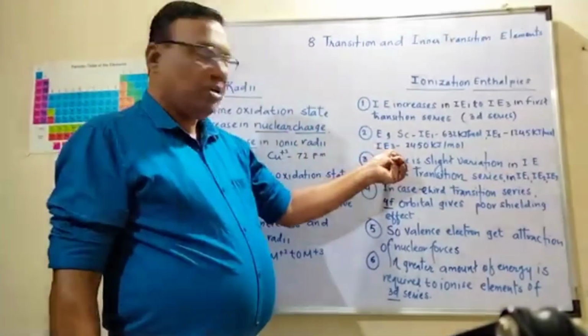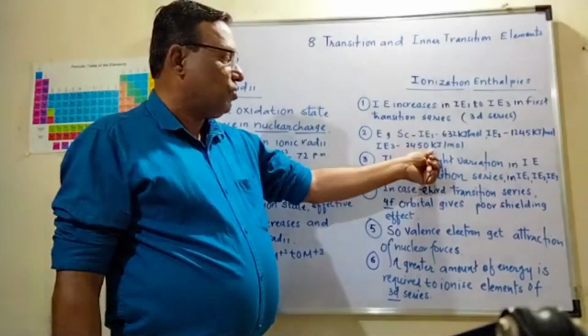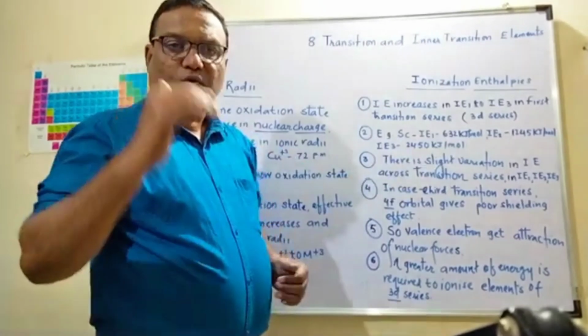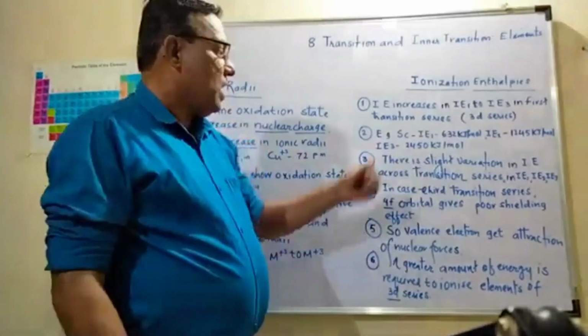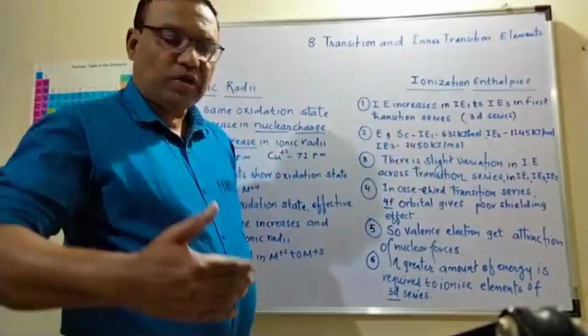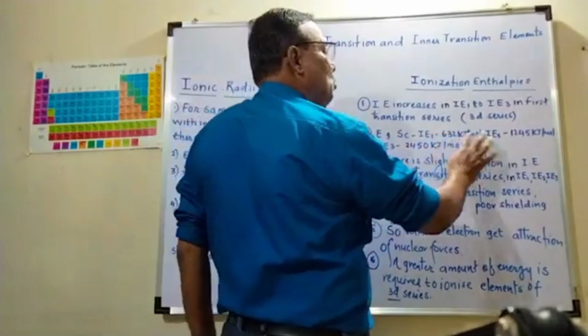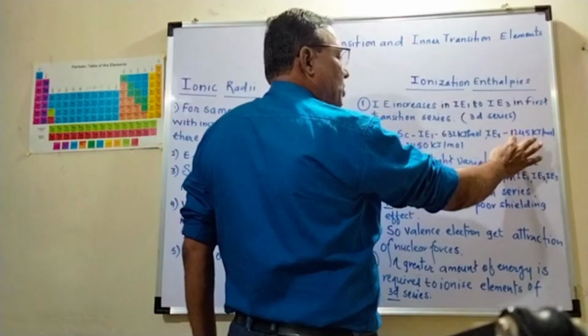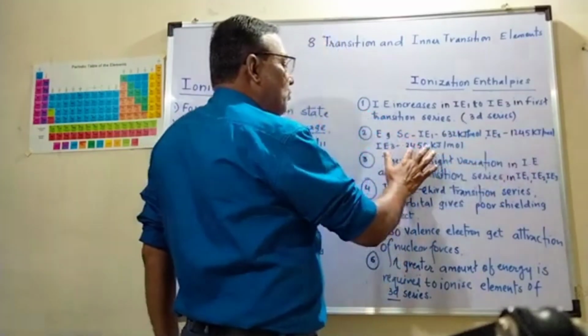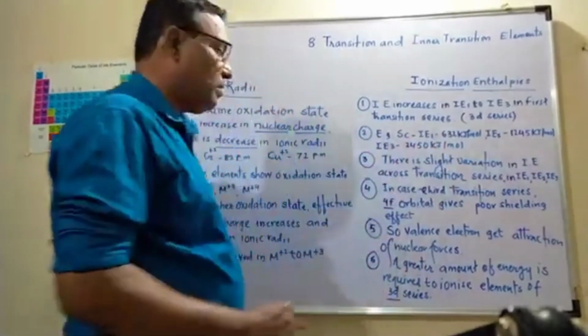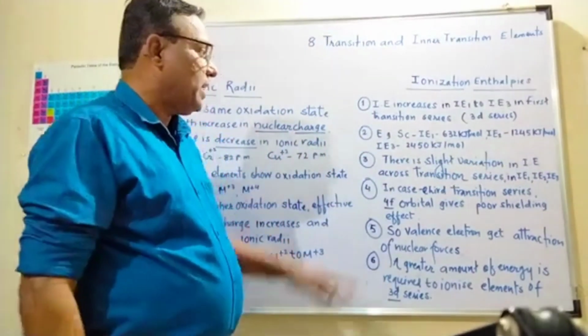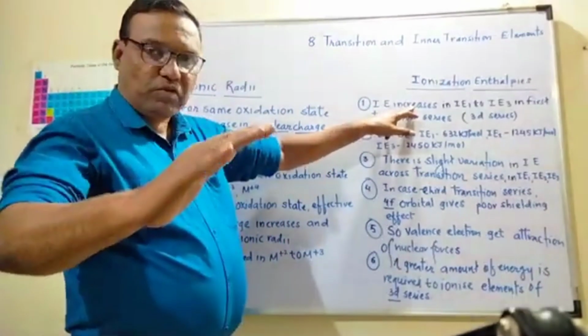Ionization enthalpy 3 in scandium is 2450 kJ per mole. From this we can observe that the ionization enthalpy values increase, and it is clear that they increase.